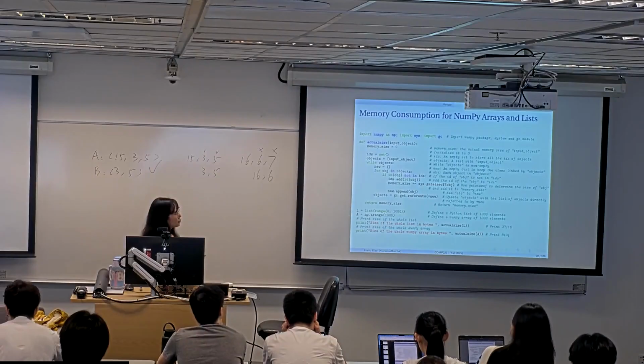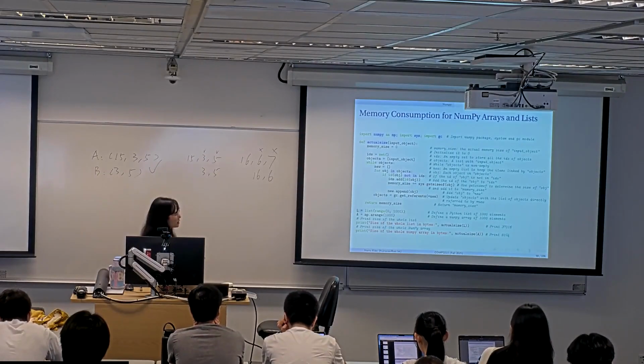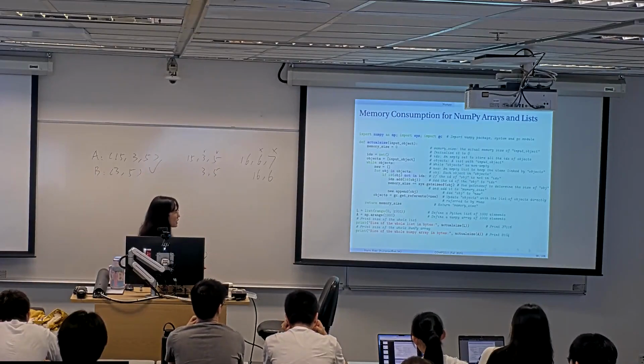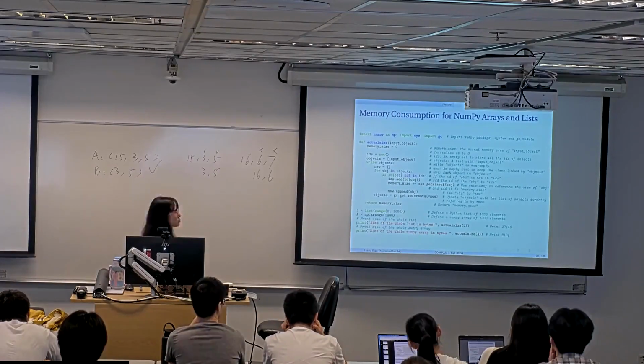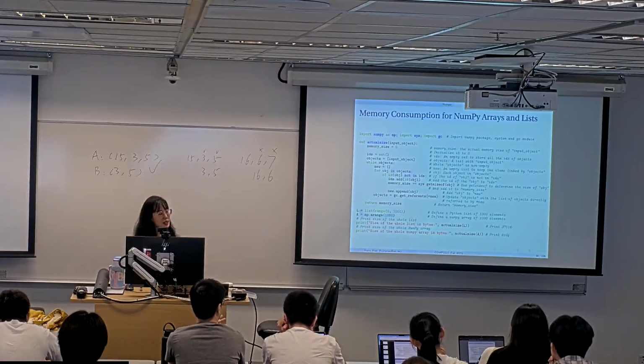And we create a list, L. L is a list from range 0 to 1000, containing 1000 elements, and A is numpy.arange(1000). Basically, L and A contain the same elements. Both contain 1000 elements, right?